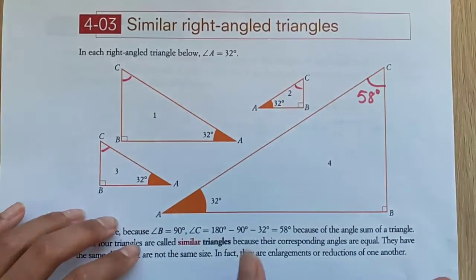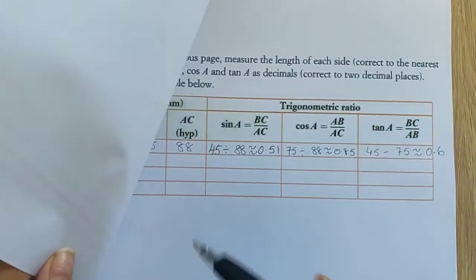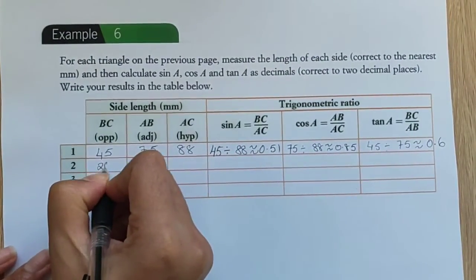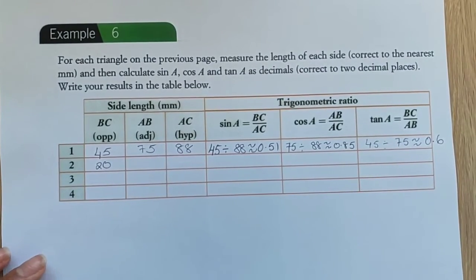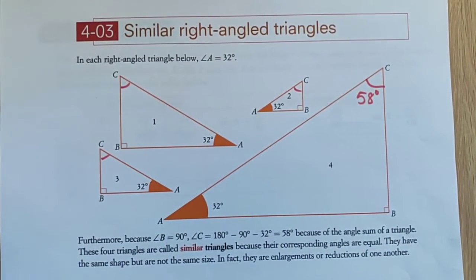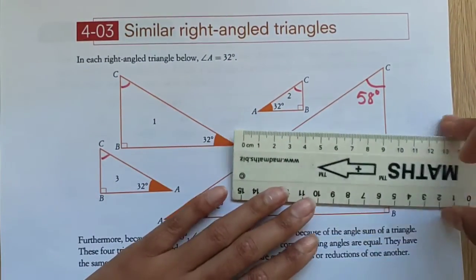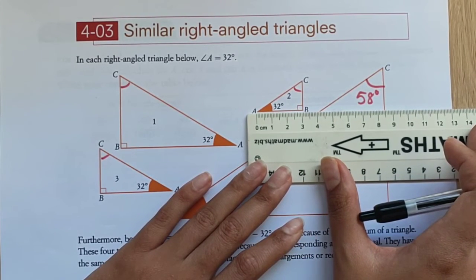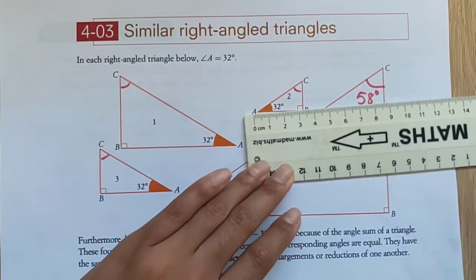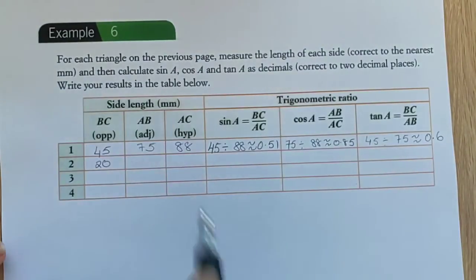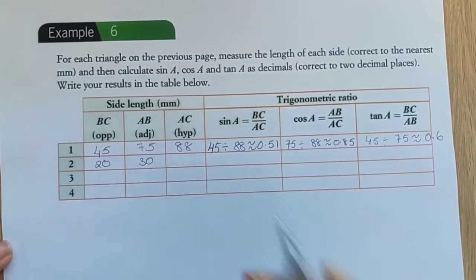So 2 centimeter is 20 millimeter. We're going to do the same for the length AB for my second right angle triangle, which is 3 centimeter. 3 centimeter is 30 millimeter.